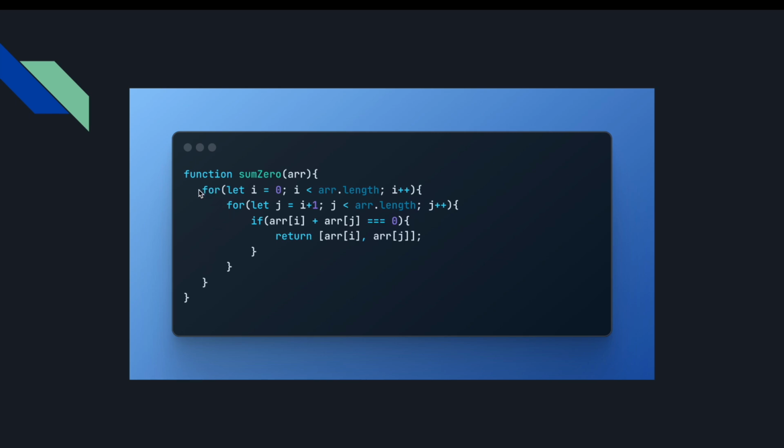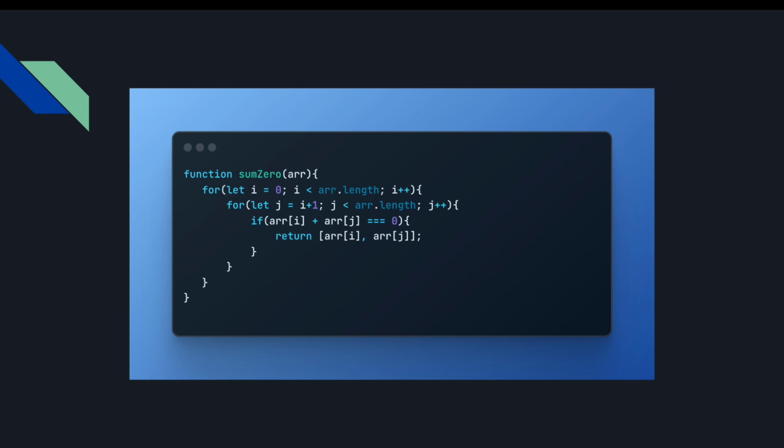As you can see in this example, we have one parent loop and one nested loop, and we are adding both the numbers and checking whether their sum is 0 or not. In this case, the time complexity will be O of n square, which is not ideal.